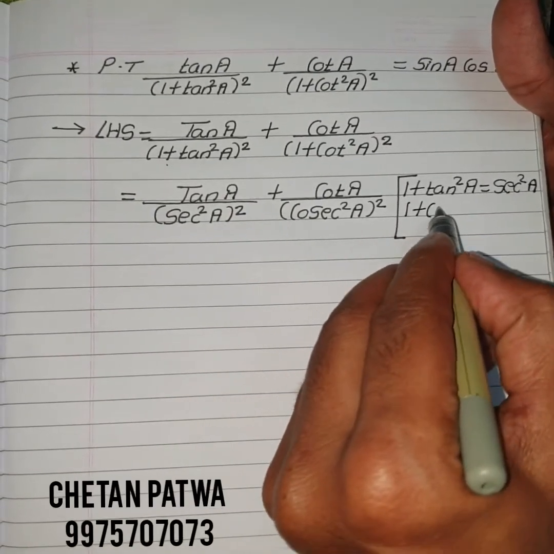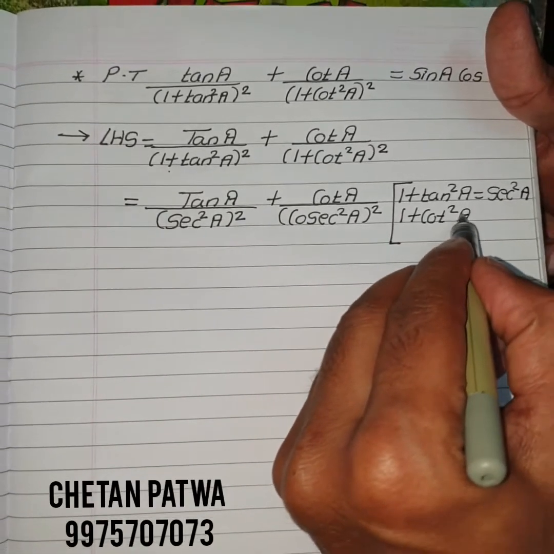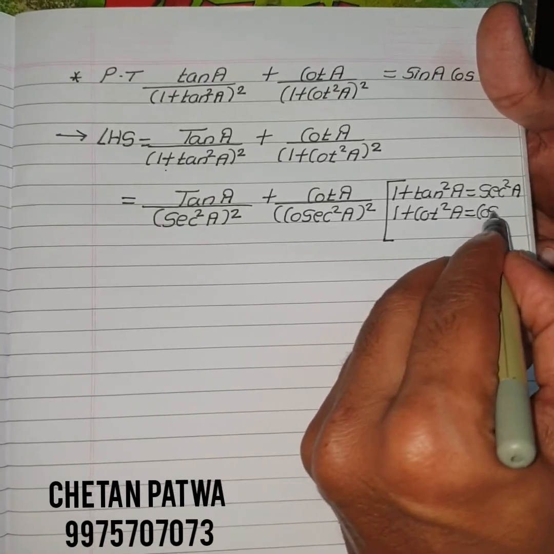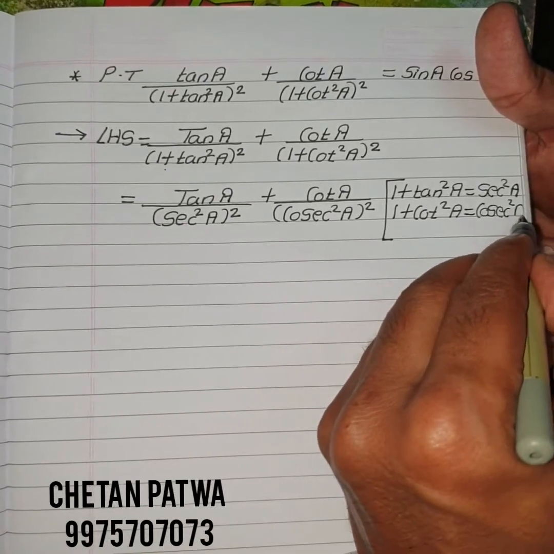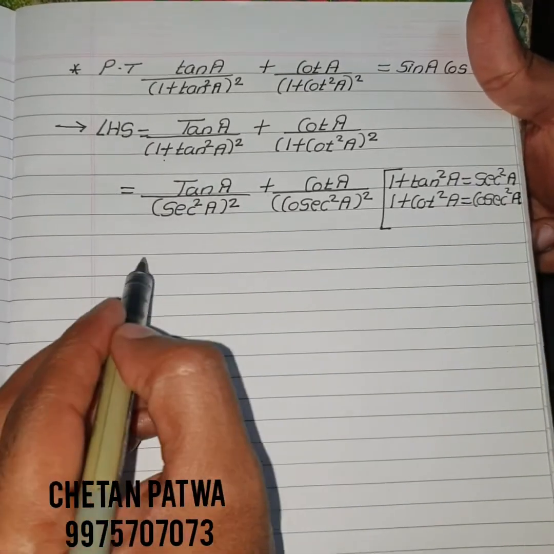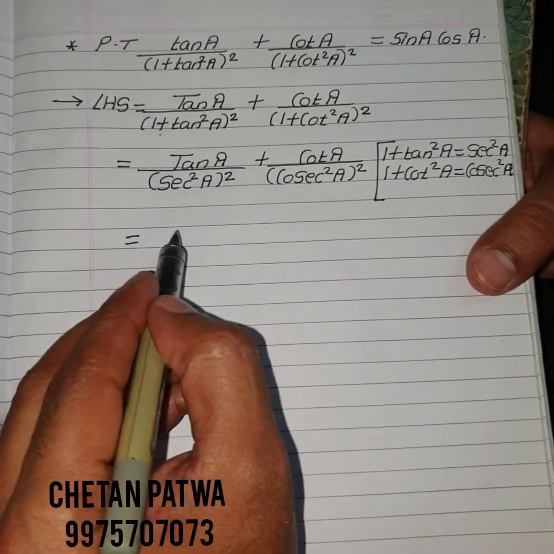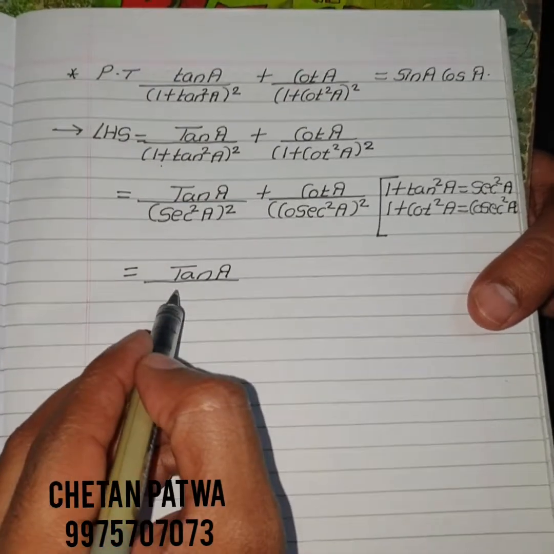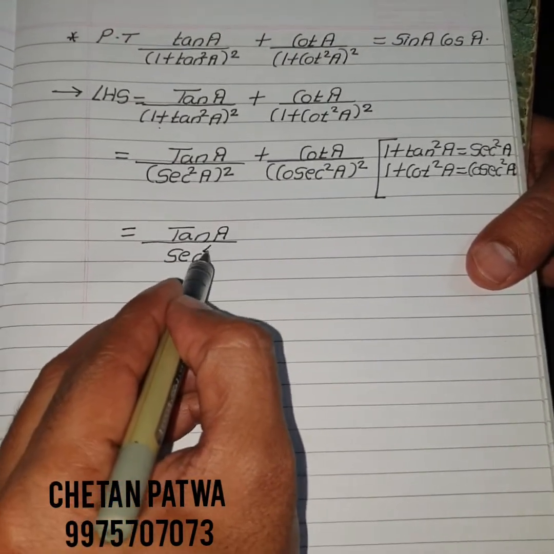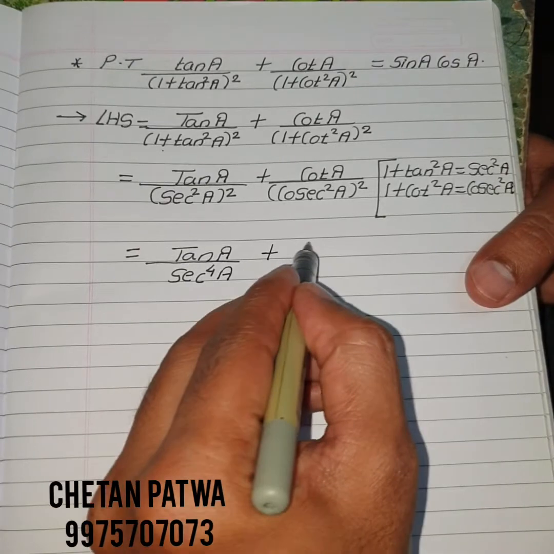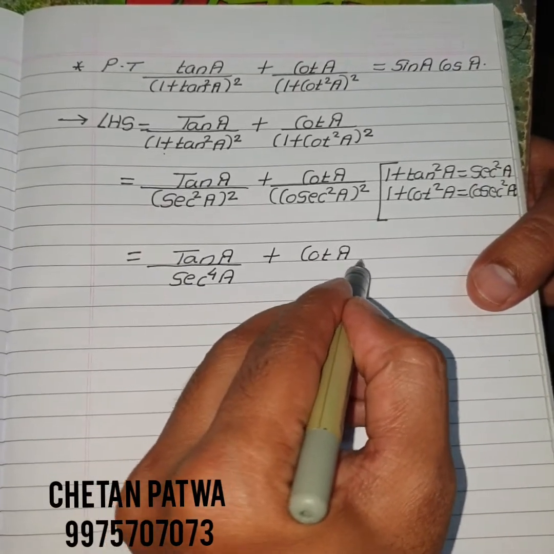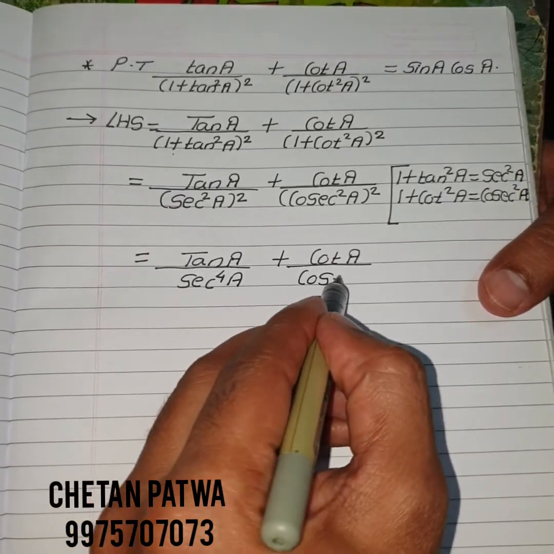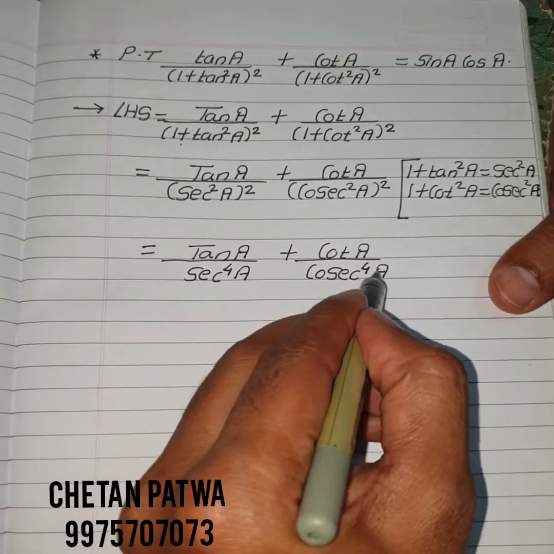Second identity was 1 plus cot square a is equal to cosec square a, and that is equal to tan a upon, what is sec square raised to 2? It will be sec raised to 4 plus cot a. Cosec square square will be cosec raised to 4a.